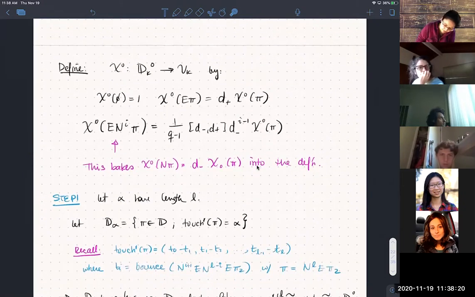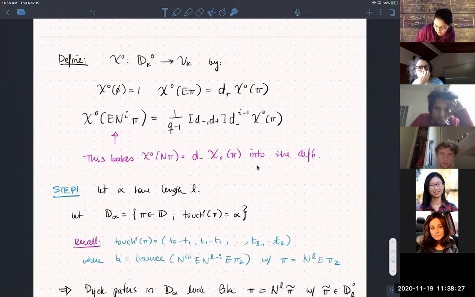So the first step is, let's suppose that alpha is some composition of length L. And we're going to let d alpha basically be all the dict paths whose touch points are indexed by alpha, right? Which is our indexing set inside the shuffle conjecture statement.